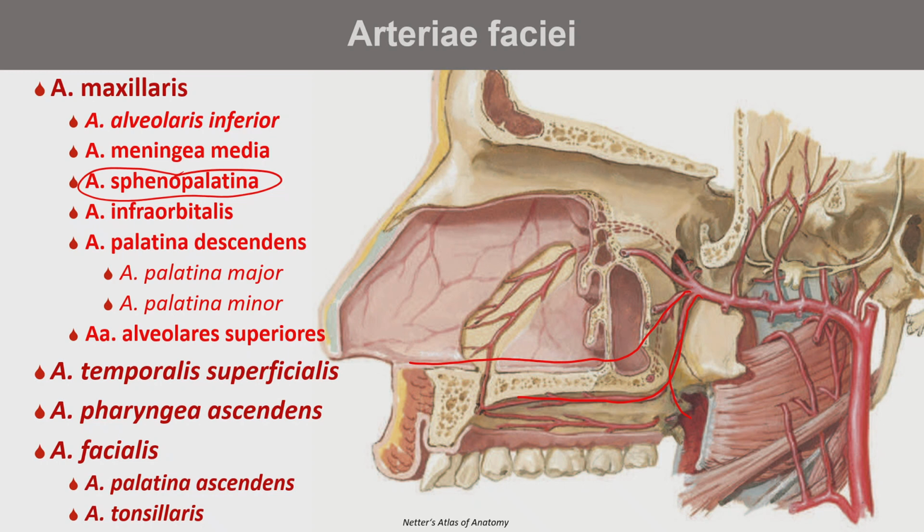And this is sphenopalatine, which is then entering the pterygoid channel, also entering the nasal cavity, and typically we can see here the supply of the lateral and medial part of the nasal cavity. This branch is going laterally, you can see here concha, and this is the septum nasi.